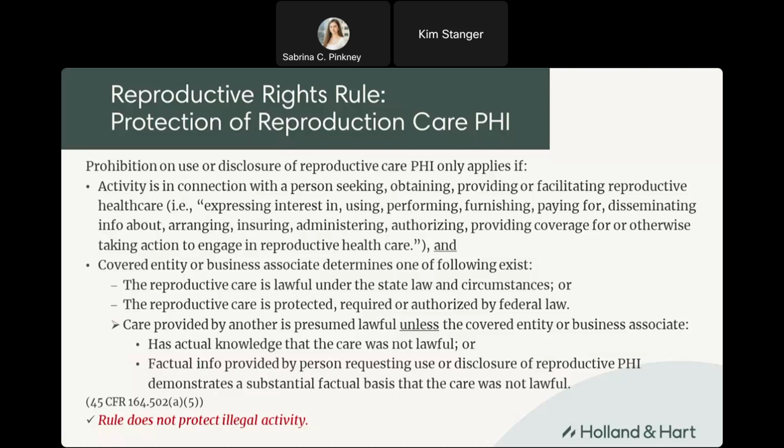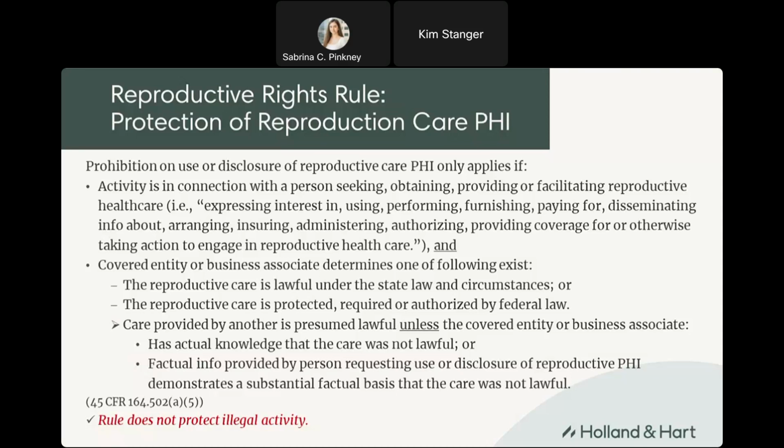So if the activity is being sought, or the information is being sought, and it relates to the person's reproductive health care, and the covered entity or business associate determines that one of the following exists, then that rule prohibiting disclosure is triggered. Okay, so it has to relate to reproductive health care, which is very broad, and the covered entity or business associate has to determine that one of the following exists.